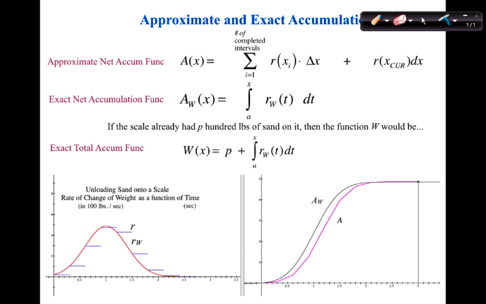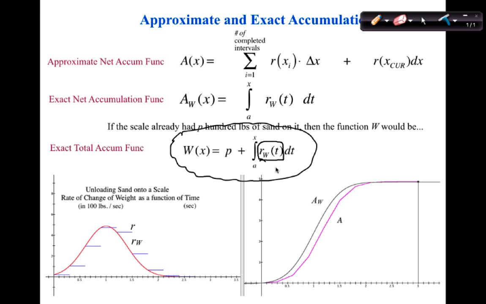All right, so we made it, right? So here it is. Where do you see how fast it's changing at every moment? Where's that? R sub W of t. And you want to know how much you have at every moment.